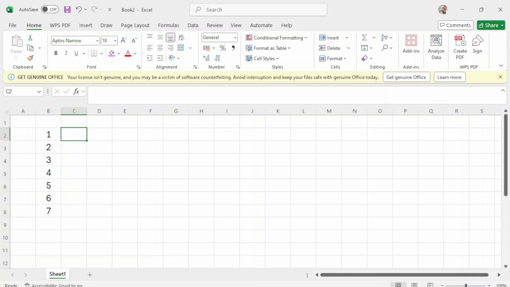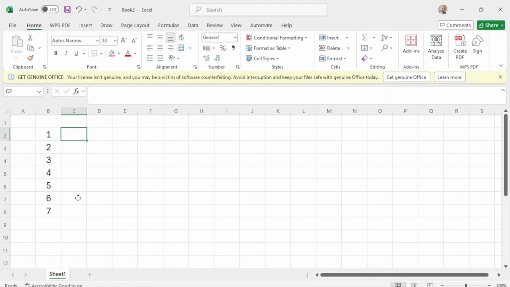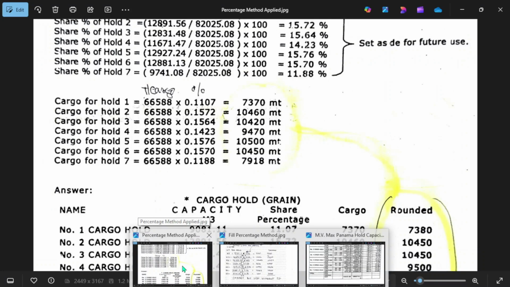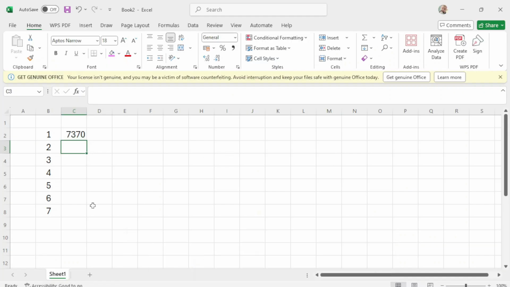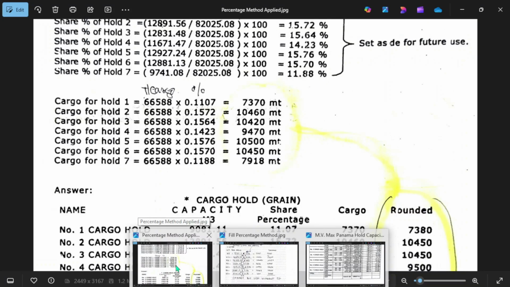Number 1: how much is number 1? 7370. Number 2: 10460. Number 3: 10420.